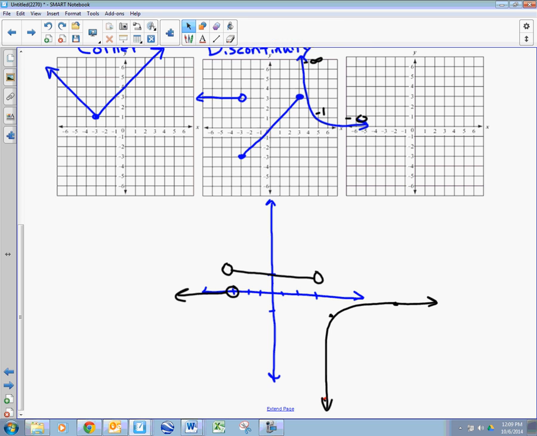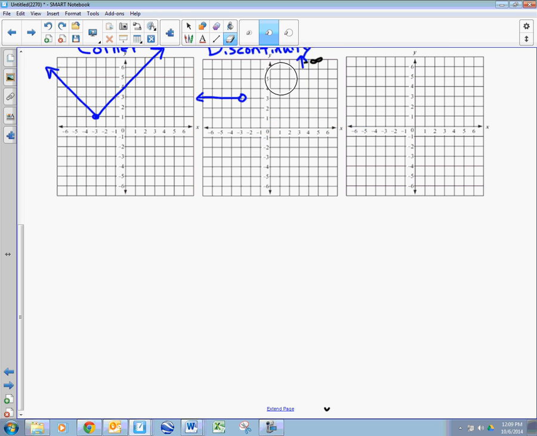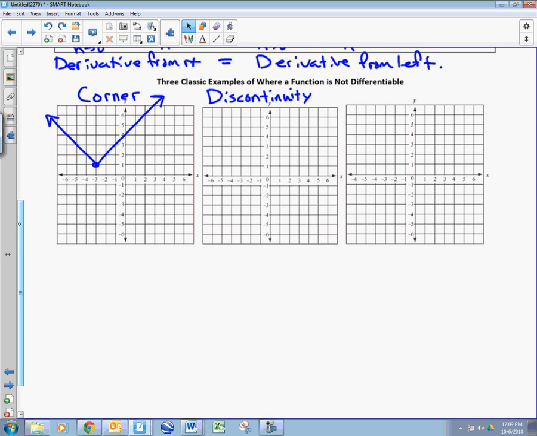And then we have a final graph, and this is definitely the most difficult for people to recognize and analyze, and that would be the graph of, I'll give one example. This is a classic example. f of x is equal to x to the 1/3 power. We would call this a vertical tangent.